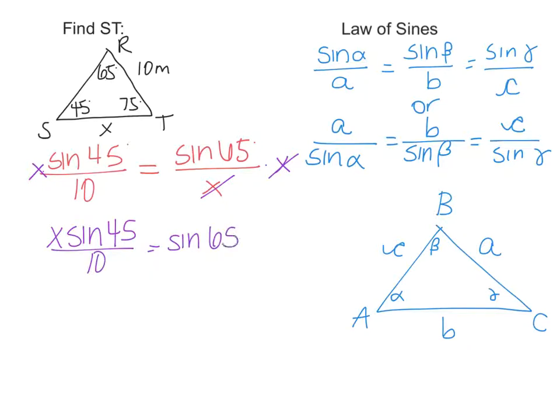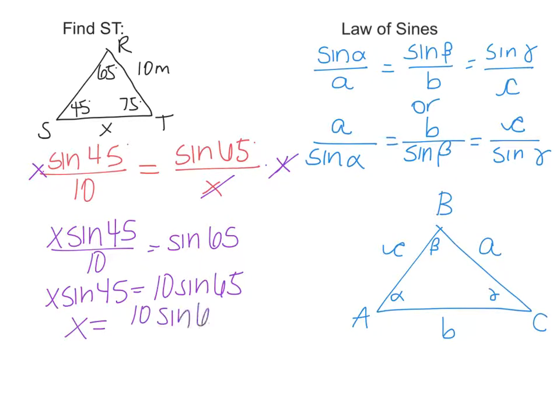We can move that 10 by multiplying both sides. So I have 10 times the sine of 65. And then lastly, we're dividing, so 10 times the sine of 65 all over the sine of 45. And those sines don't cancel, and we cannot reduce the 65 and 45.